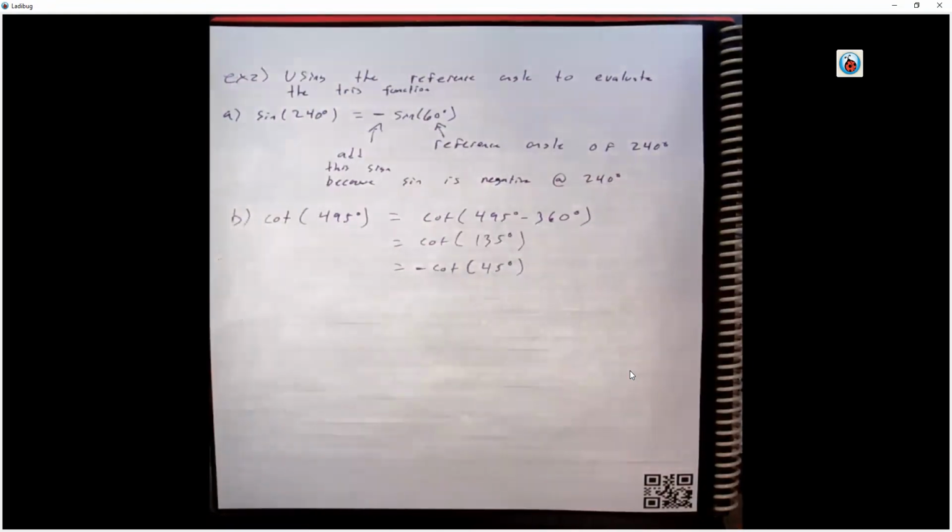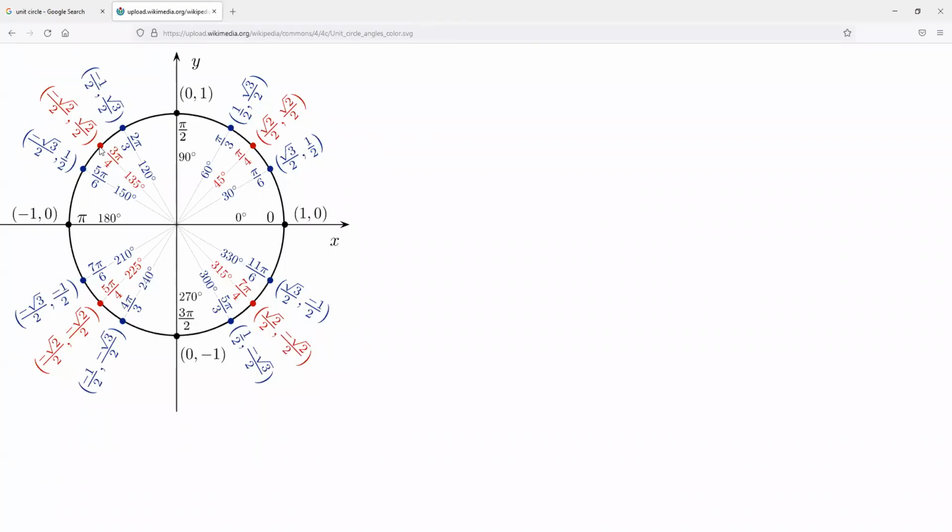How exactly are you finding it after 135? Yeah, so go to 135 and see how far you are from the x-axis. It's going to be 45 degrees. So right here, 135 is there. The distance from here to here is 45 degrees.